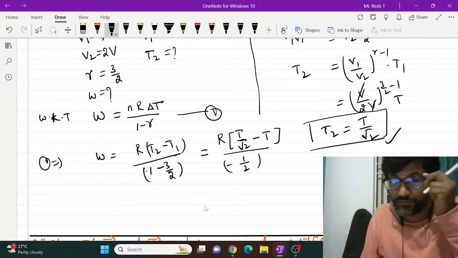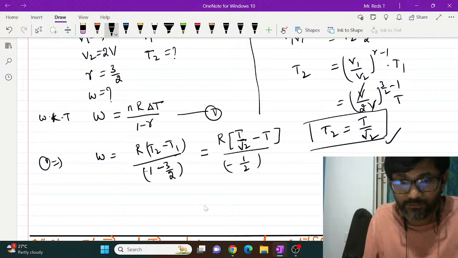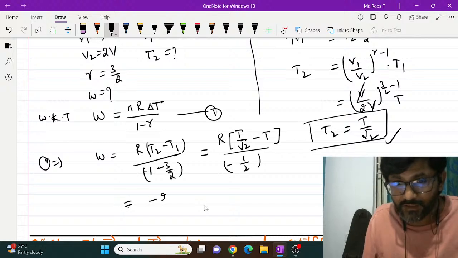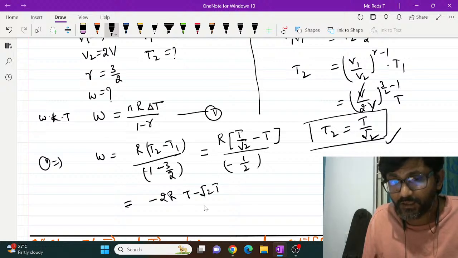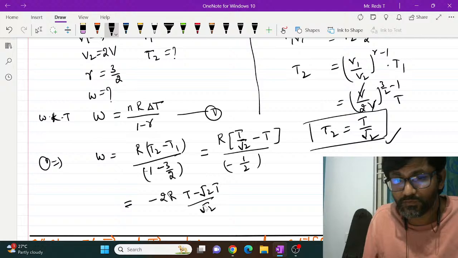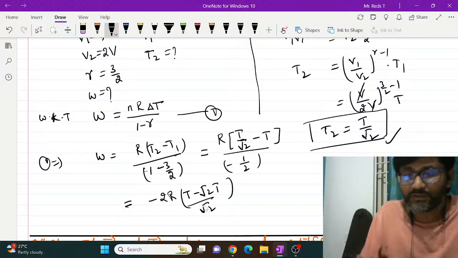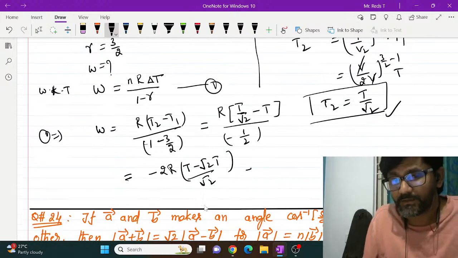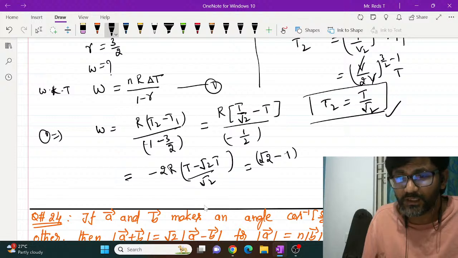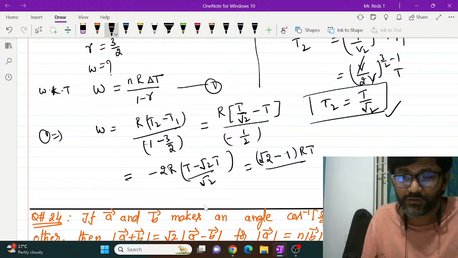You take this 2 to the numerator, then you can write this is equal to minus 2R into T by root 2 minus T. If you multiply, you will get root 2 T, you can also take out RT.